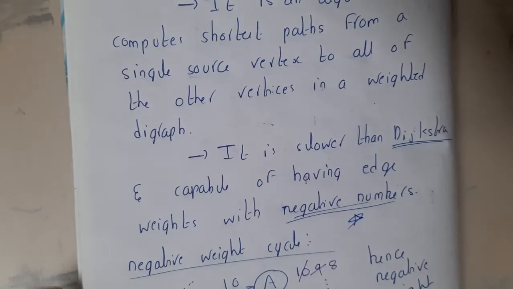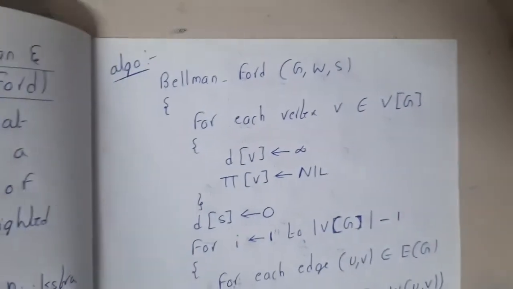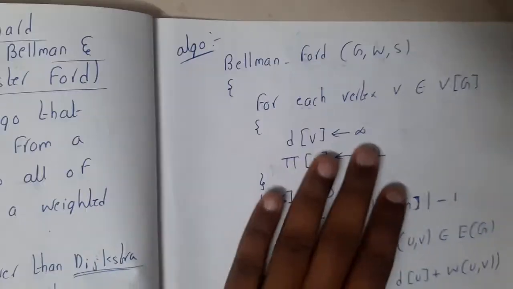Okay, yes. Before going through the algorithm, let us first have an example. Most of you will be thinking in that way, right? So let us go through the example first, guys. Let me note down the question.